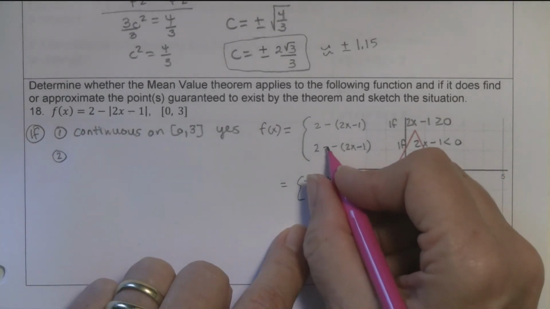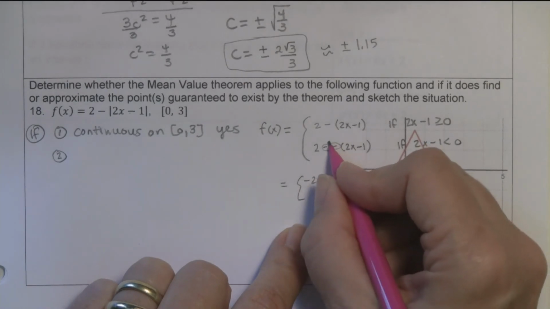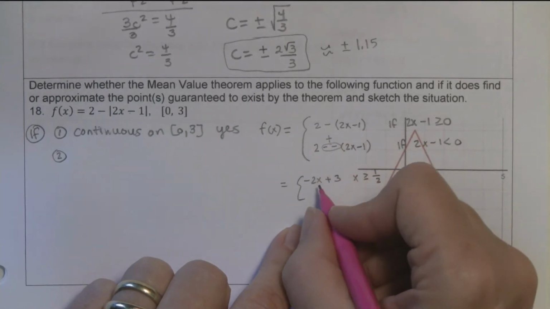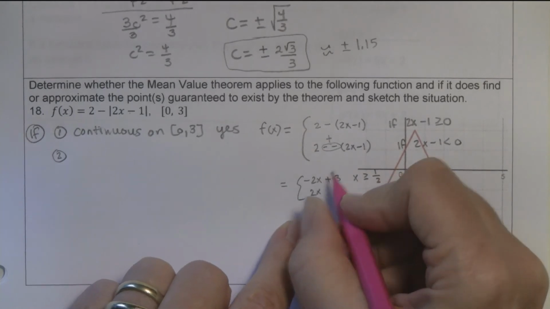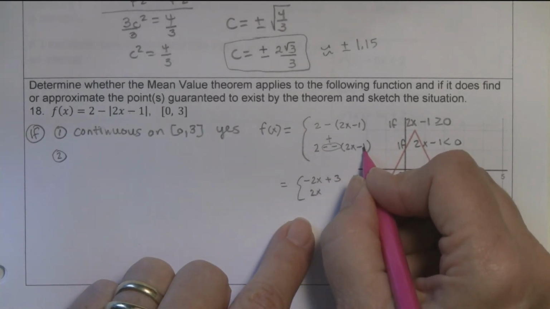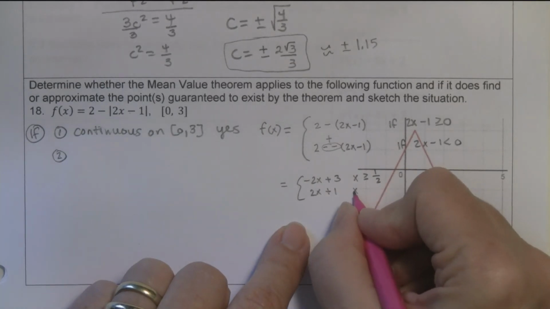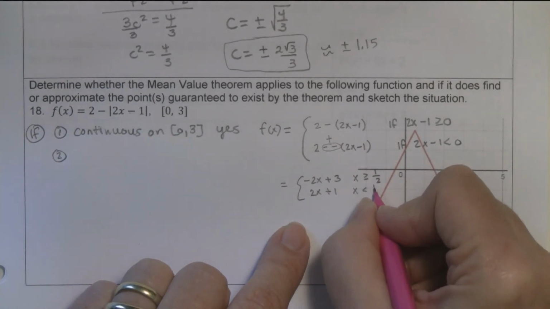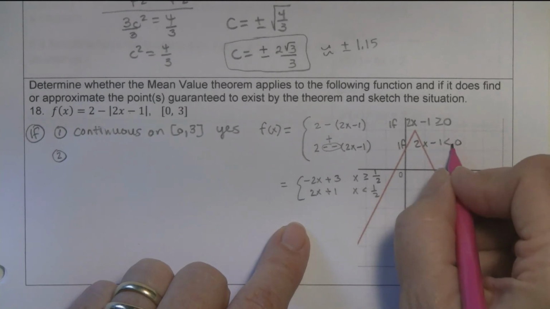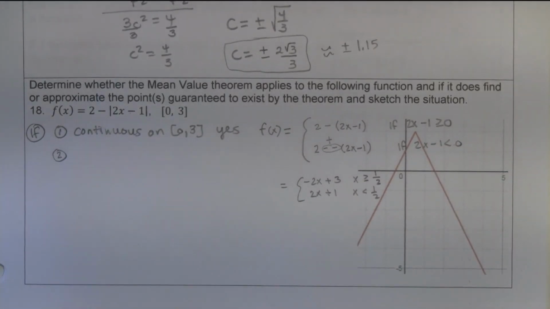And then this double negative right here is an add. So this is 2x, right? And then this is minus 1 and 2, this is plus 1. And this is if x is less than half. So you can solve that, add 1 and divide by 2, right? Okay, so that's kind of what we have going.